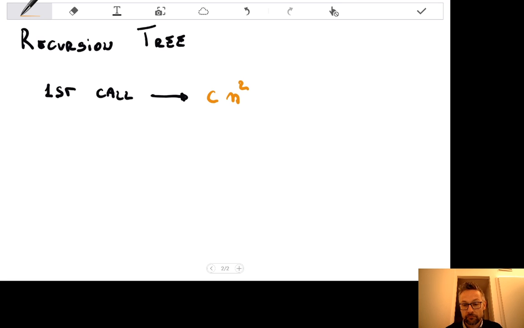Okay, I'm not telling you what's going on in the recursive steps. I'm just saying, let's assume to have solved the recursive problem. So now we need to perform the sums. So the last part of the recursive equation costs c times n squared. Okay, and this is the root of our recursion tree.